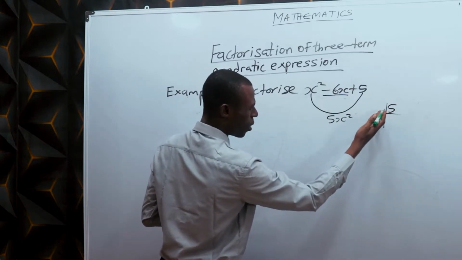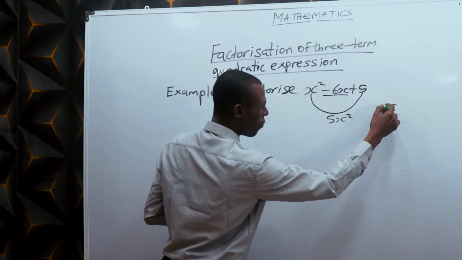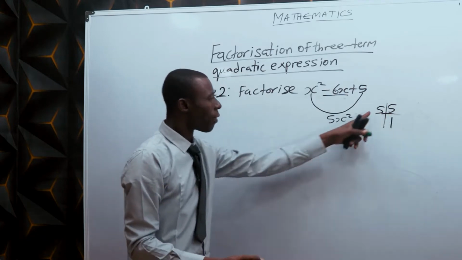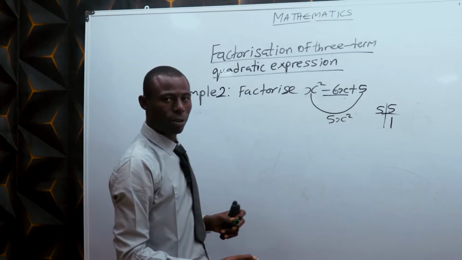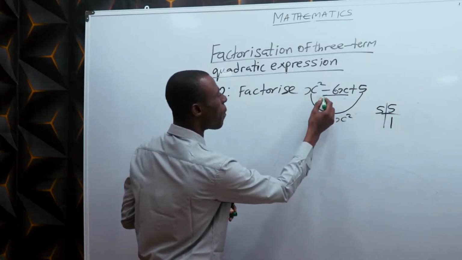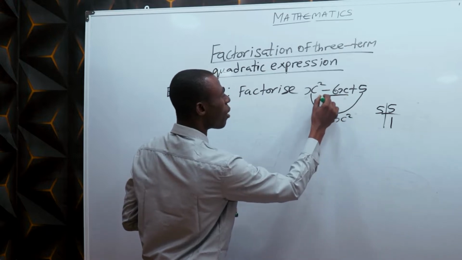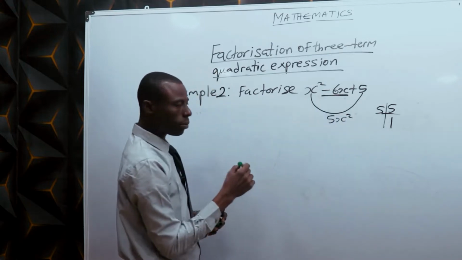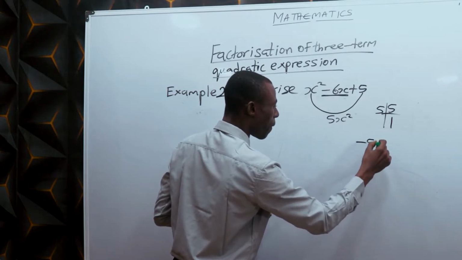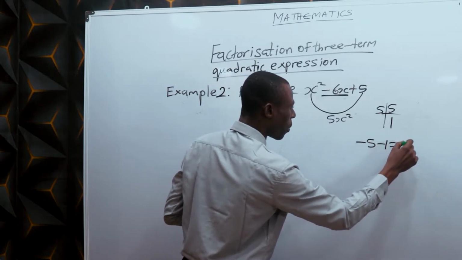What are the factors of 5? We have 5 and 1. So how do we manipulate 5 and 1 to give us minus 6, the coefficient of the middle term? We say minus 5 minus 1 equals minus 6.